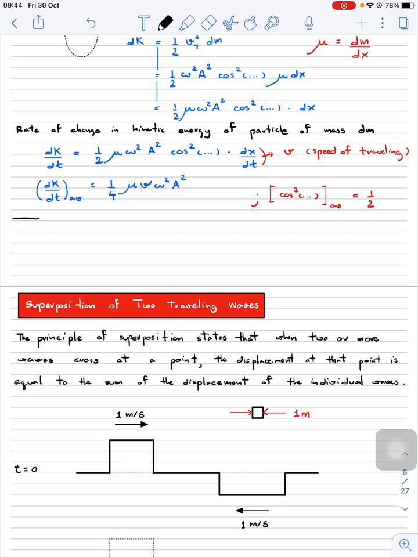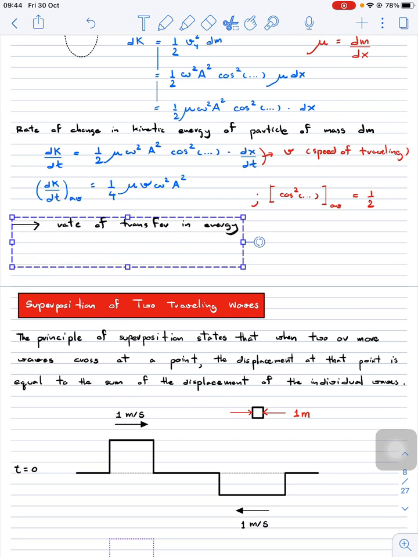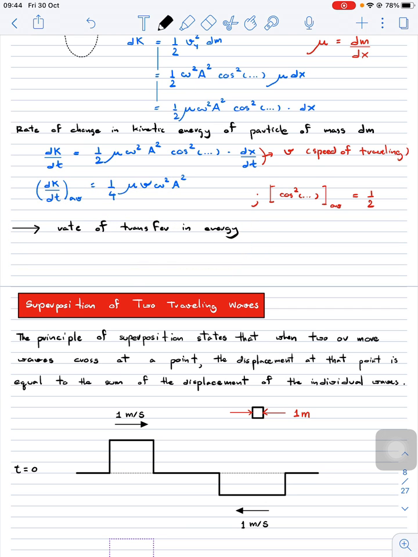In this case, this term here must be equal to the rate of the transfer in the energy of the wave. That's it. Okay, so now we just showed that the wave will transfer the energy with the rate equal to this one.